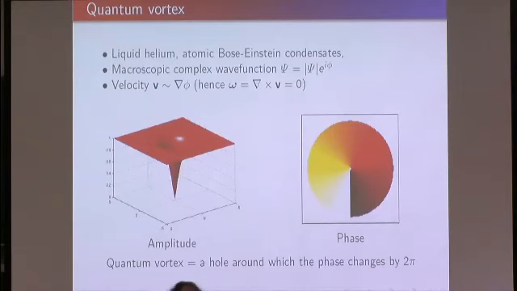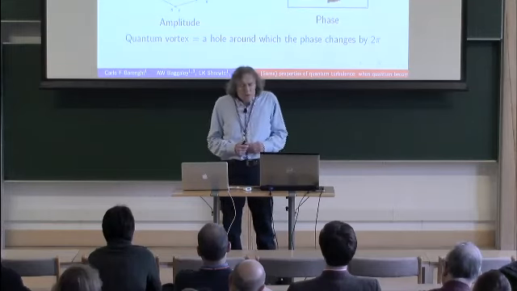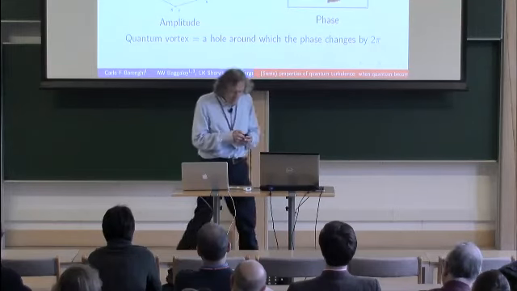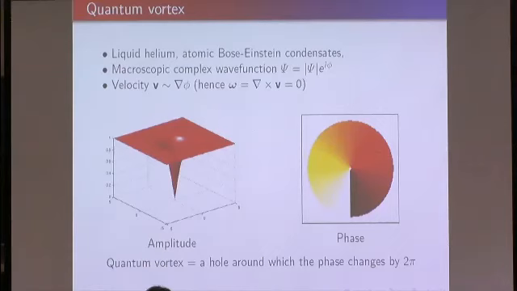As we approach the vortex line, which is straight and vertical in this image, this amplitude goes to 0. In fact, the vortex is defined as the region where psi is equal to 0, both real part and imaginary part.